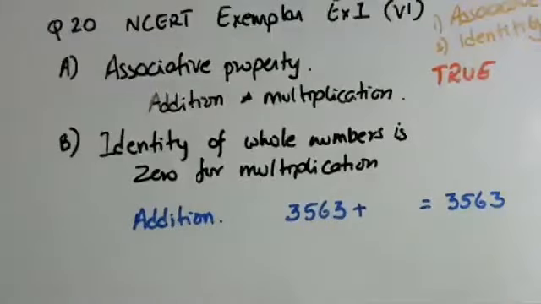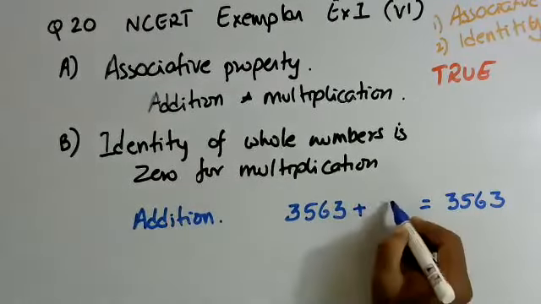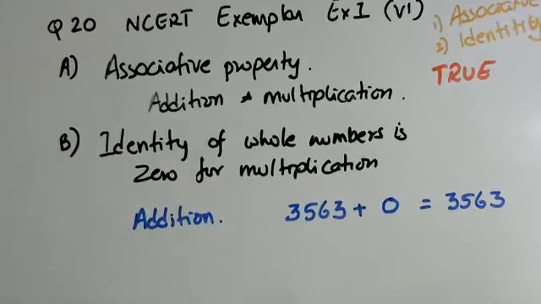Anybody can answer this question. Zero. Anybody from class 4 can also answer. 0. Correct. So therefore, we can make the statement that the identity of whole numbers is 0 for addition. Why? Because if you perform the addition operation on that whole number, you get the same whole number again. It points back to the original number.